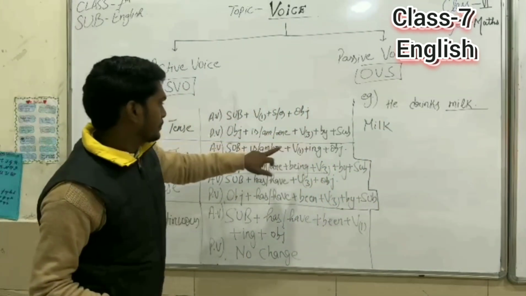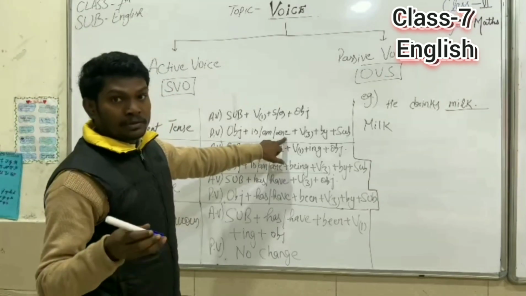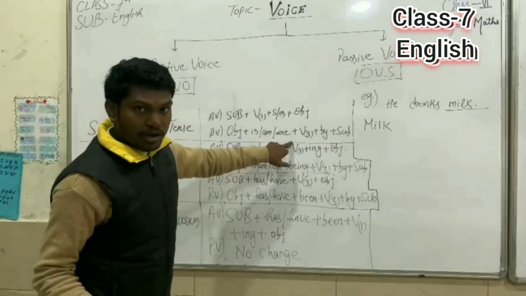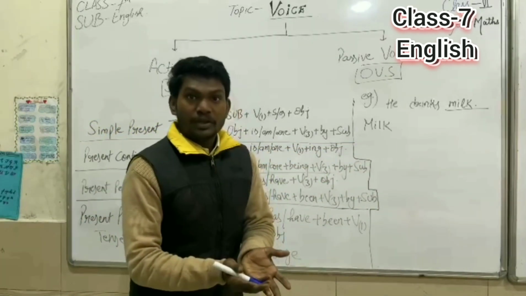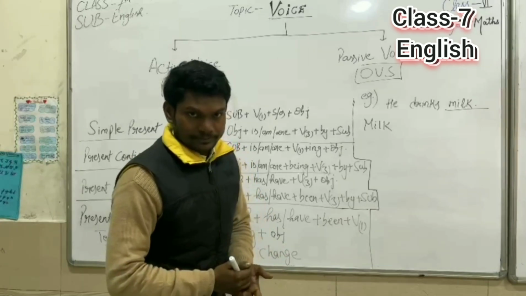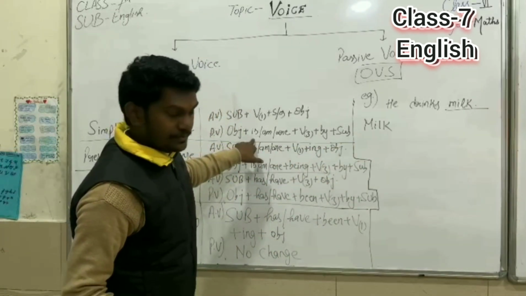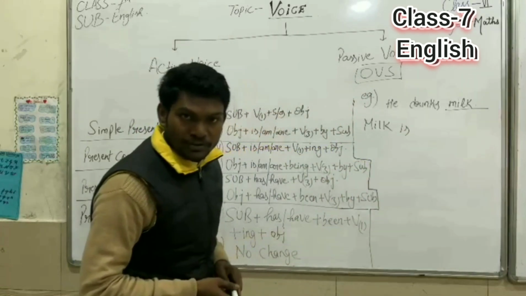Now what are we supposed to apply: is, am or are? You can see milk is an uncountable thing, so we will write is. Milk is, then the third form of the verb drink.